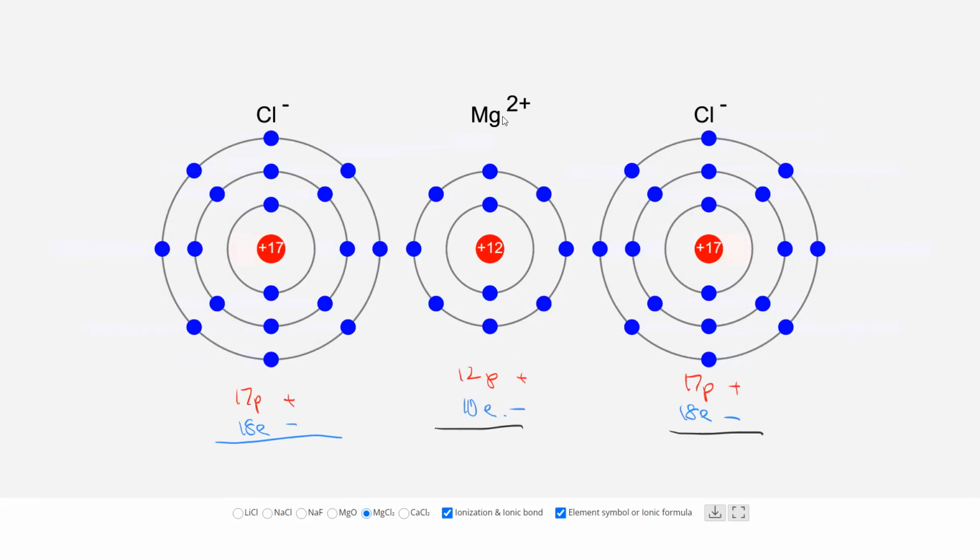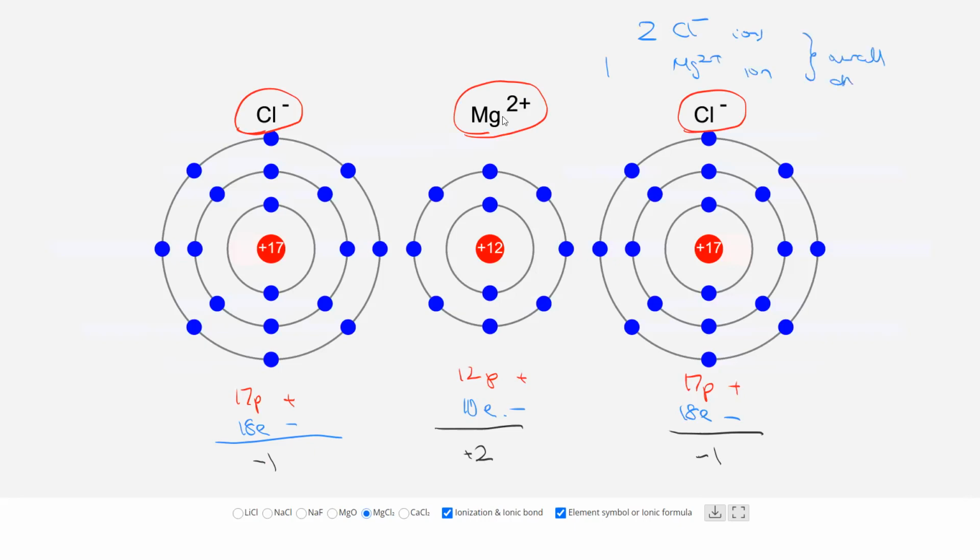This, of course, is -1, +2, -1, which is why we write Cl- and Cl- and Mg2+. But because I have 2 chloride ions with 1 magnesium ion, the overall charge is still uncharged.